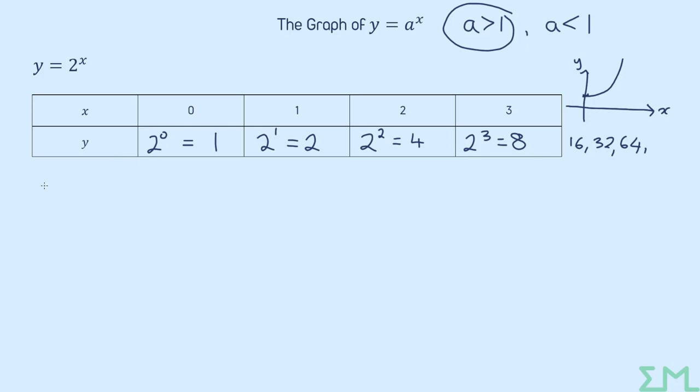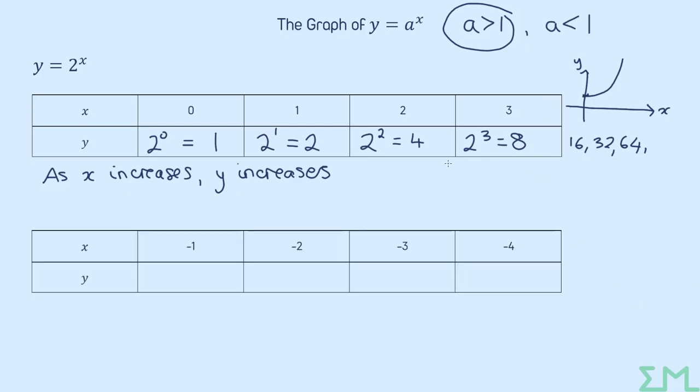We're also going to make a note here that as x increases, we can see no matter what happens that y also increases. Okay, so it is an increasing function, certainly for x is greater than or equal to 0. We will see this is also the case for negative x in just a moment.